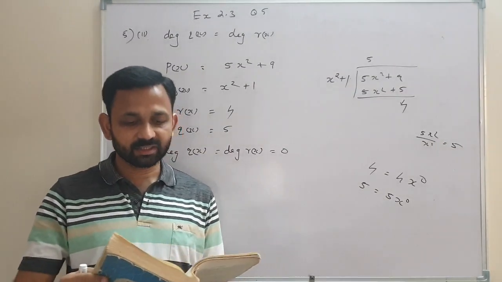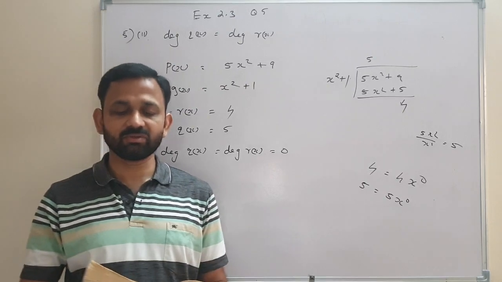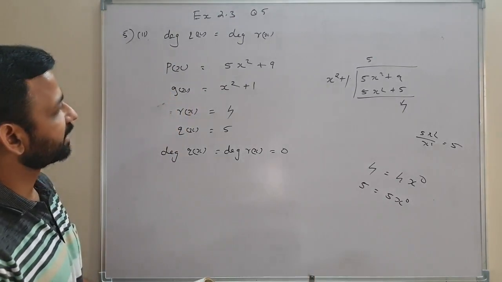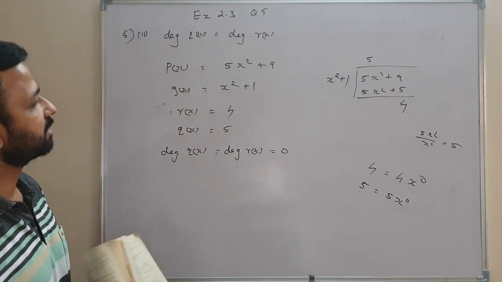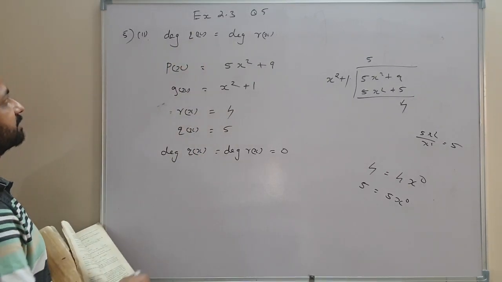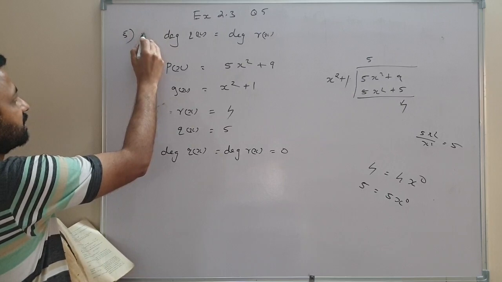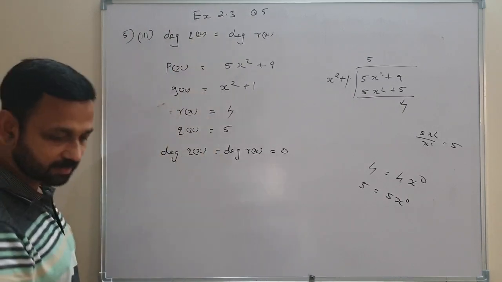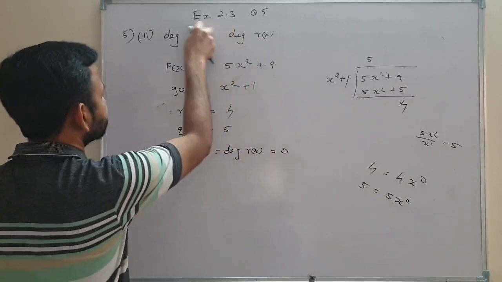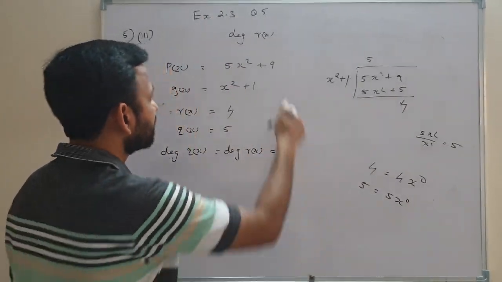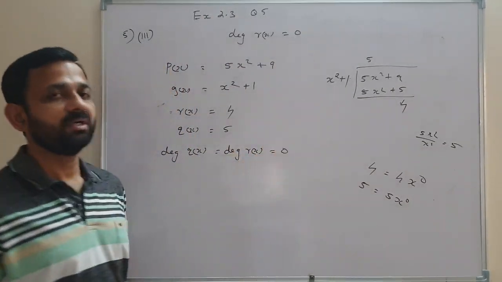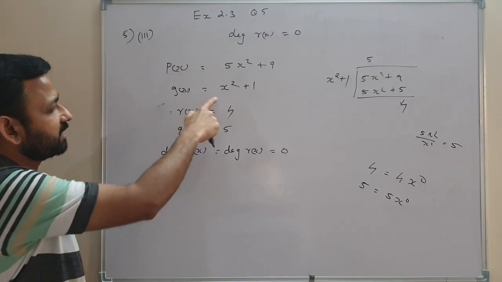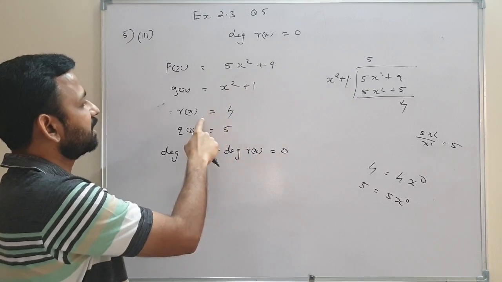Then the third part: degree of r(x) equal to 0. Only one condition. So here we can take the same example for the third part. Same example, p(x) = 5x² + 9 and g(x) = x² + 1.